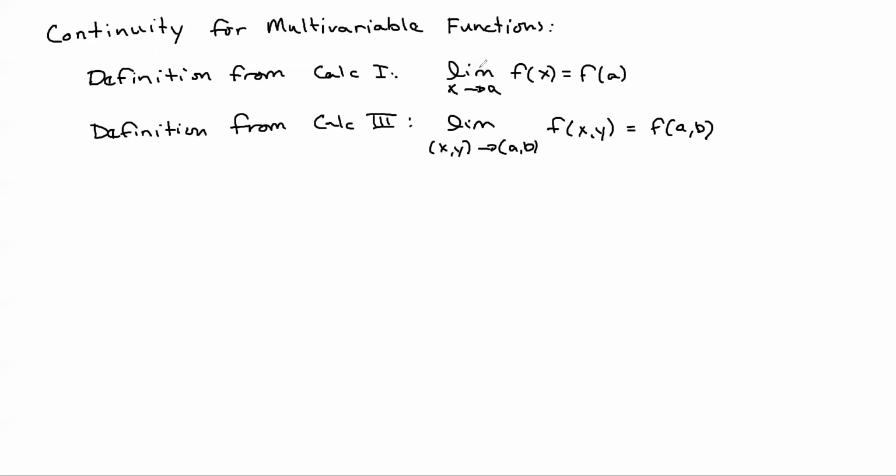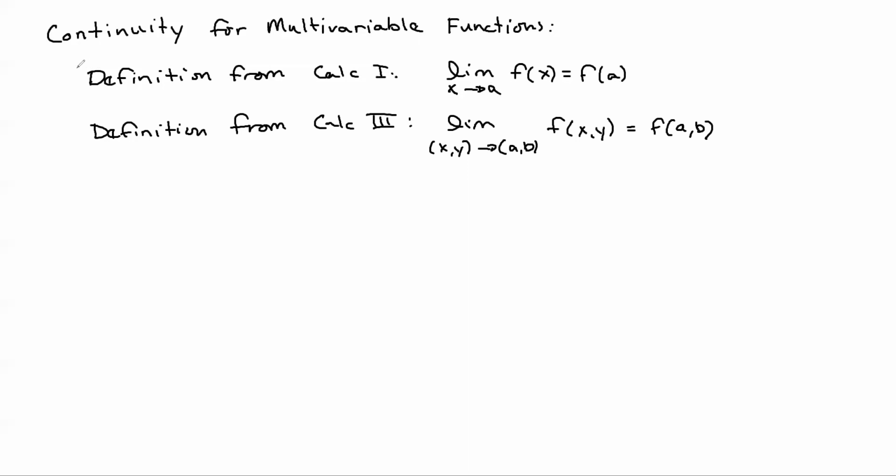It says that if you're finding the limit as x goes to a of f(x), then you can find that limit by just plugging in the input. From Calc 3, how do we determine whether we have continuity or not? If we can take (a, b) and just pop it right in there, and we end up getting f(a, b), then that's our definition from multivariable.